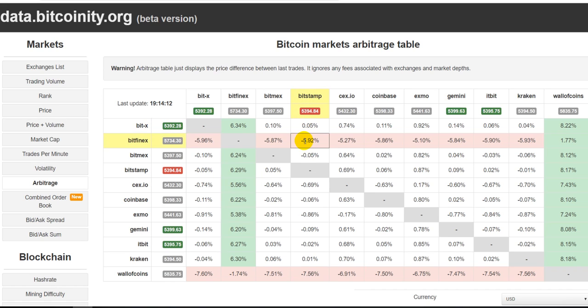But anyway, probably it's just a problem with me. I would start to read from the left and think, oh, Bitfinex is 6% cheaper than Bitstamp. It's exactly vice versa. Bitstamp is 6% cheaper than Bitfinex.